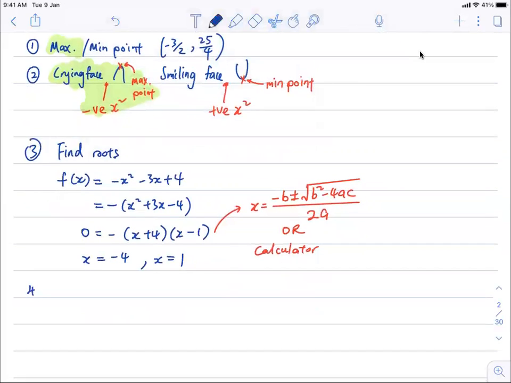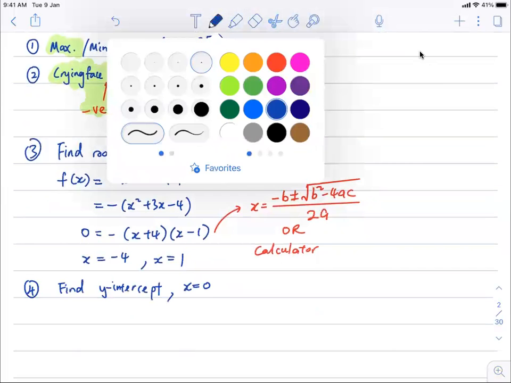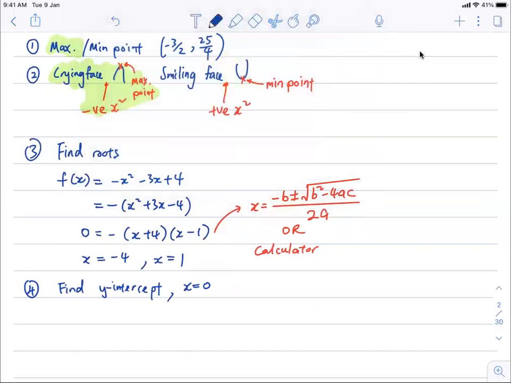The last thing is to find the y-intercept. The y-intercept is when x equals 0. Substitute in x equals 0: 0 minus 0 plus 4. So the y-intercept is 4.